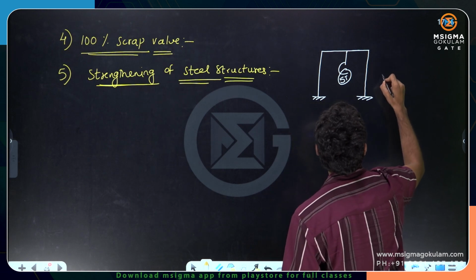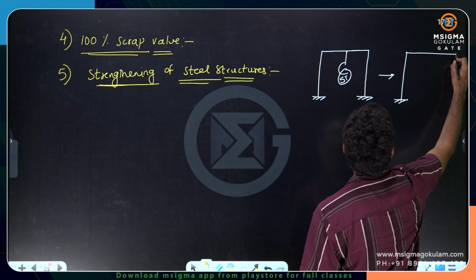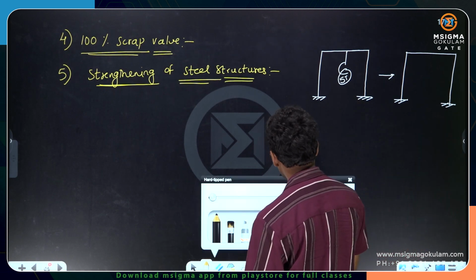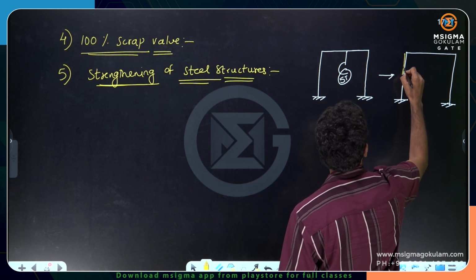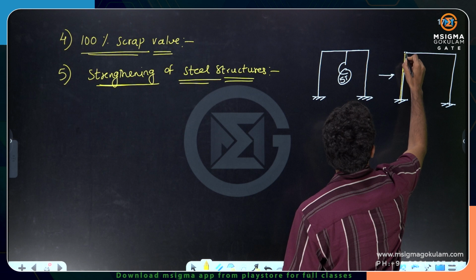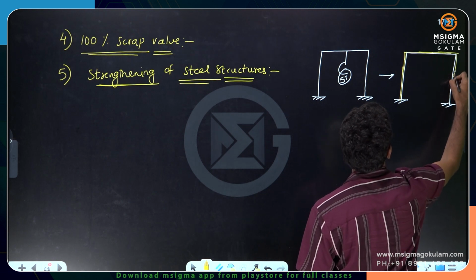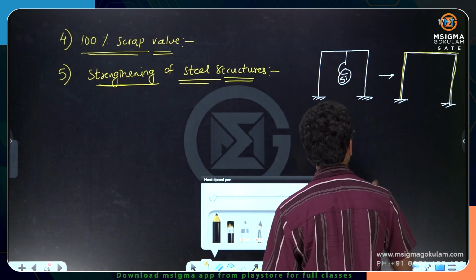But I want to increase its capacity to something higher. Then what I can do is weld or bolt to this section, or I can go for welding and make connections. Then I can improve the load carrying capacity.